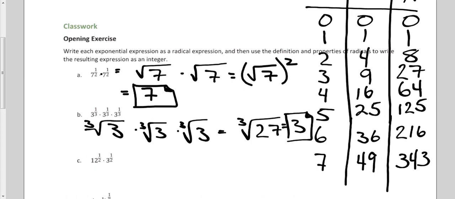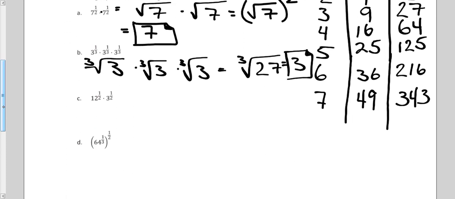Now, 12 to the 1/2 and 3 to the 1/2. Yeah, I can't do it because I need a common base, right?